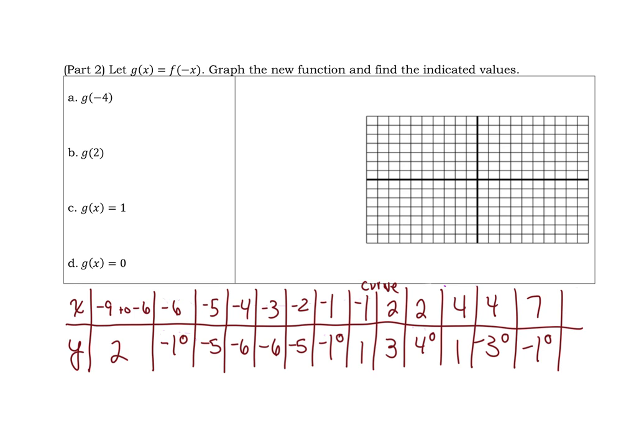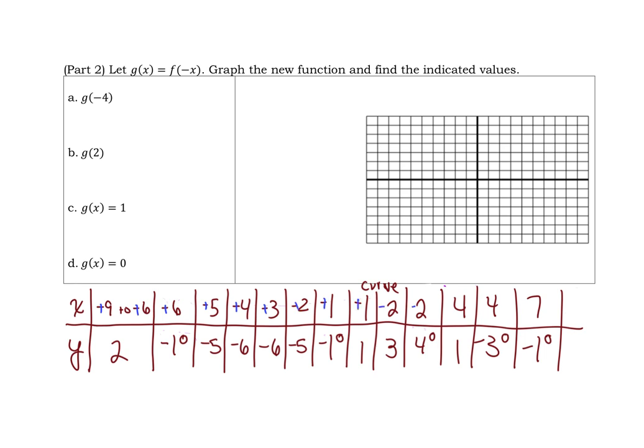Okay, so I took and wrote down all the coordinates from the part 1 graph down below. This one tells me to let g of x equal f of -x. So what that tells me I'm going to do is change all my x's to their opposites. So this is going to be +9 to 6 and +6 and +5, 4, 3, 2, 1, 1.